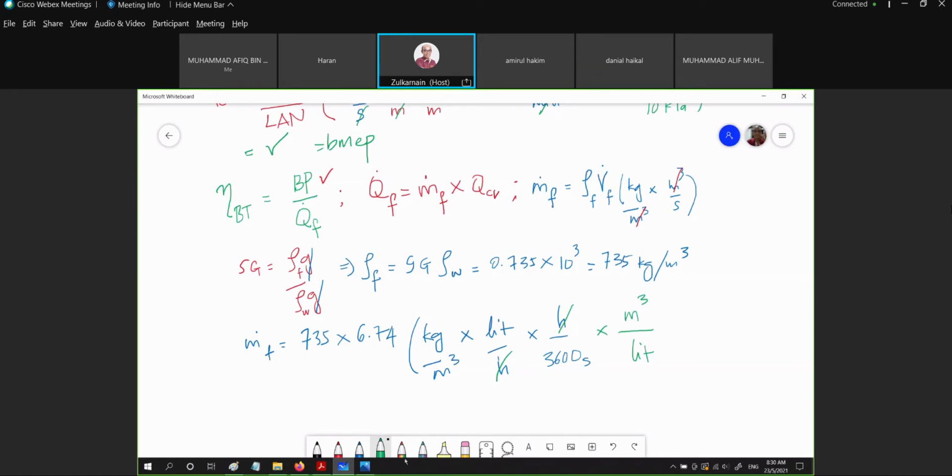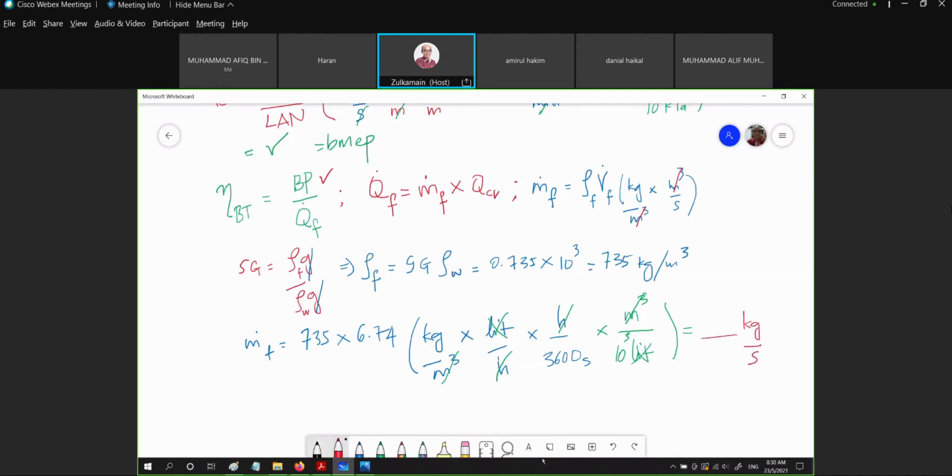So 1 meter cube is equivalent to 1000 liter. Then we get, as we look here, second we need, kilogram we need. So meter cube cancels off, liter cancels off. So we get the unit kilogram per second, provided we have a factor of 3600 and 1000. So we will get the answer as given in the text, in kilogram per second.